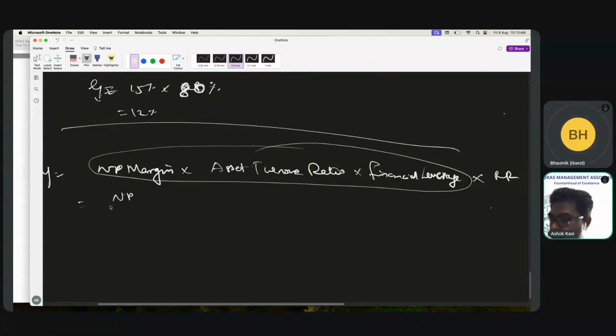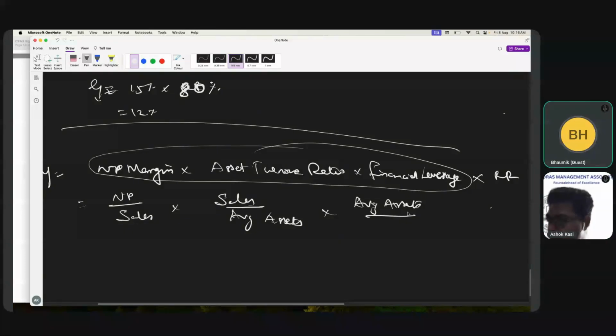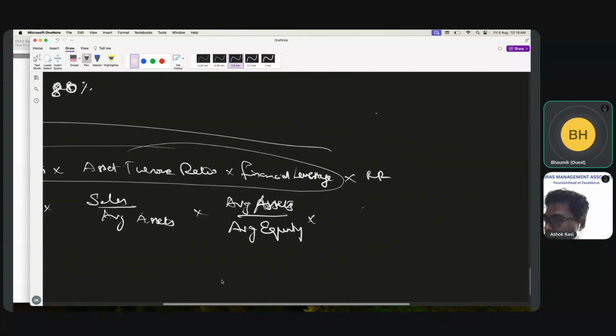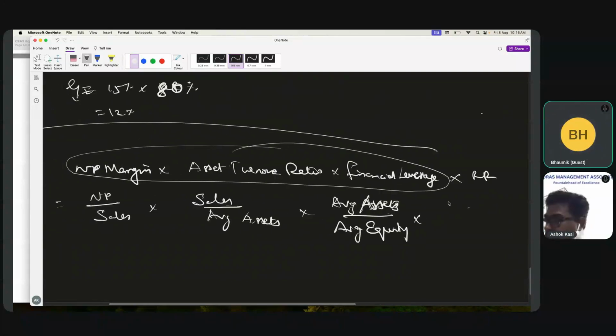Net profit margin is net profit by sales. Asset turnover is sales by average assets. Leverage ratio is average assets divided by average equity. Retention ratio is how much you are retaining.